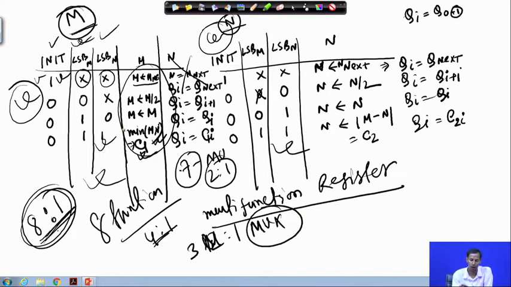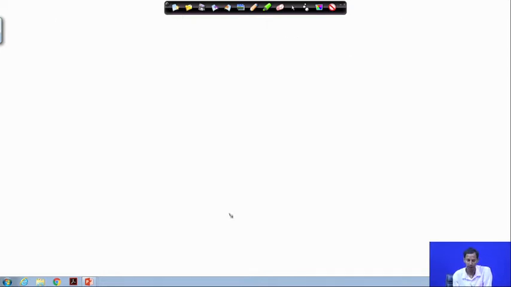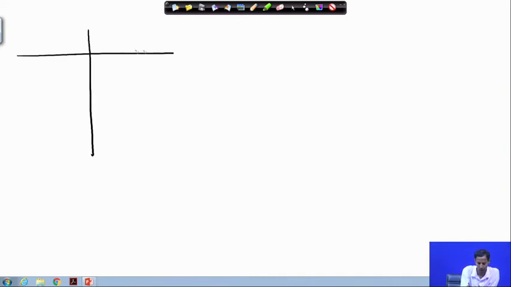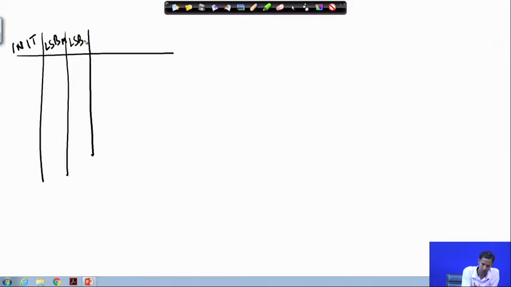So, how can I do that? If I just go back and draw the corresponding table: this is init, this is LSB of m, this is LSB of n, and this is m. Okay.